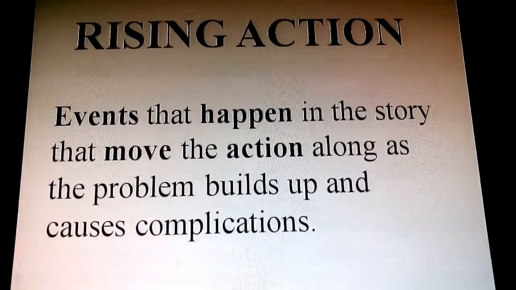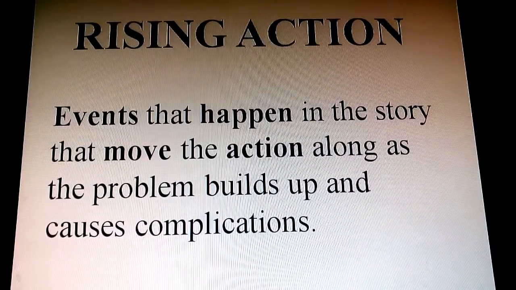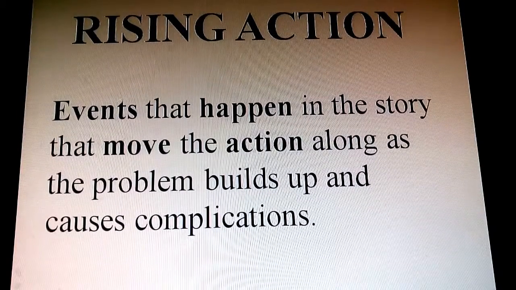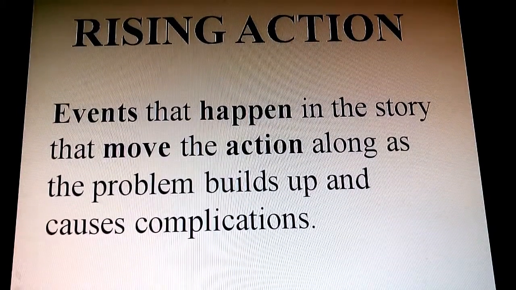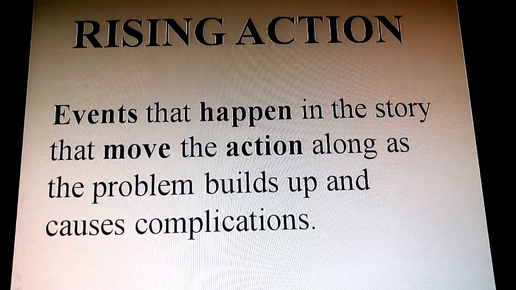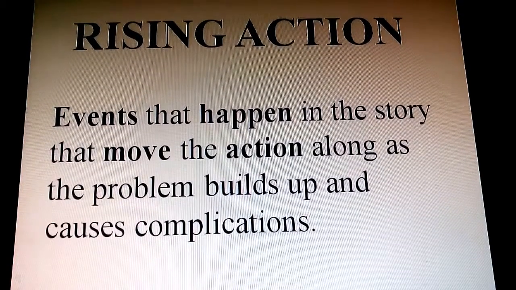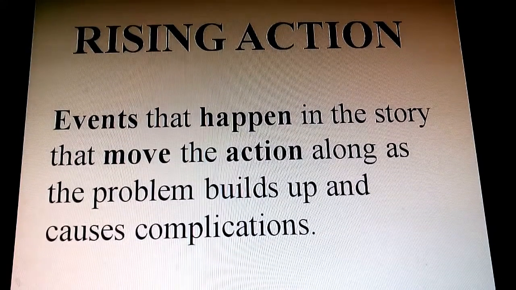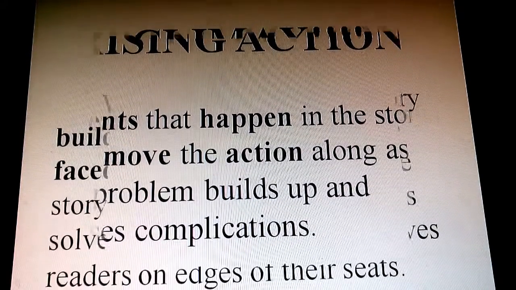Next is the rising action. The rising action is the events that happen in a story that move the action along as the problem builds up and causes complication. In layman's terms, the rising action gears the readers and gets them ready for the main event, which is the climax, coming next.